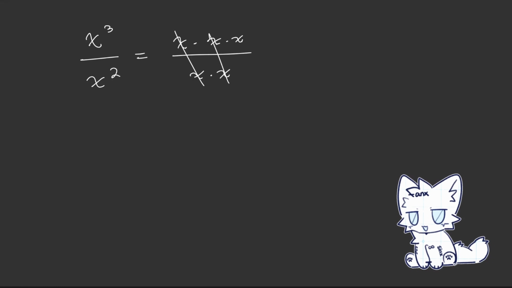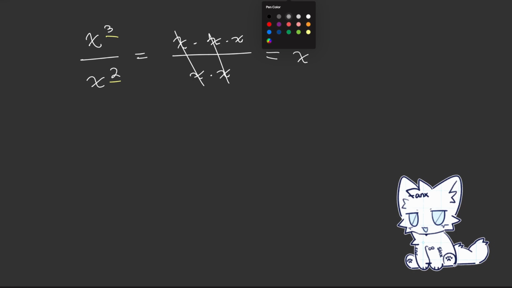So we just cross this out twice, right? So the answer would be x. Now a shortcut to do this would be taking the top exponent in the numerator and subtracting the exponent in the denominator. So it would just be 3 minus 2.